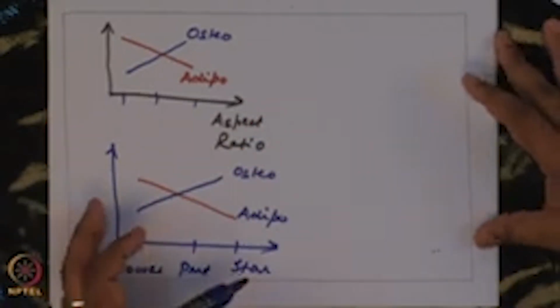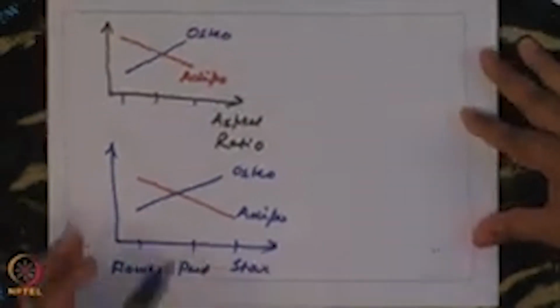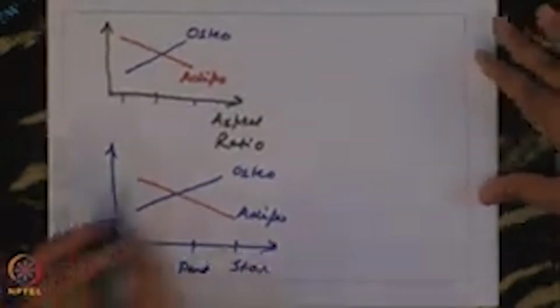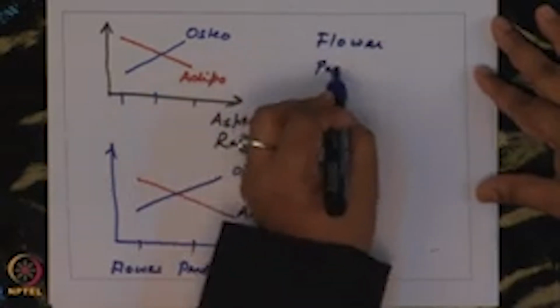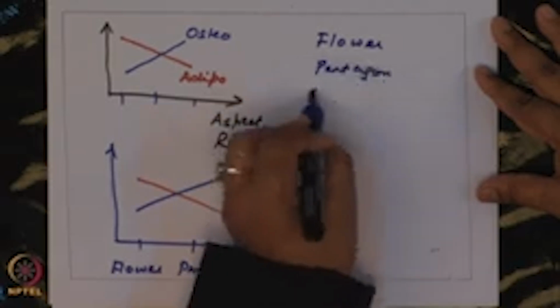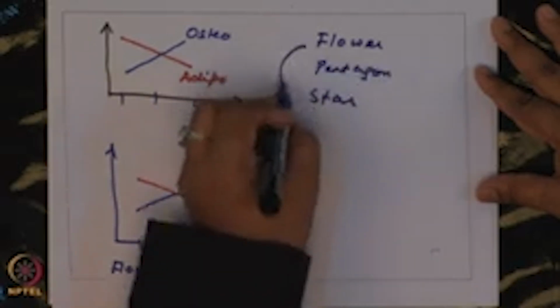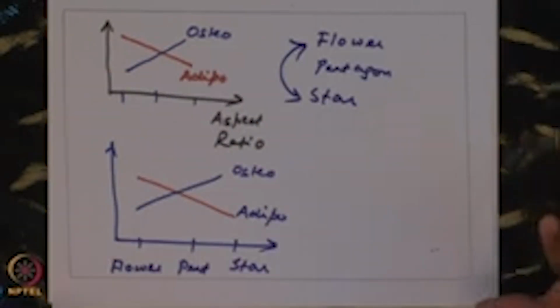To probe into the basis, the authors chose these three shapes, the flower, the pentagon and the star. They compared between the flower and the star what has changed in terms of the cytoskeletal organization and the focal adhesion organization.